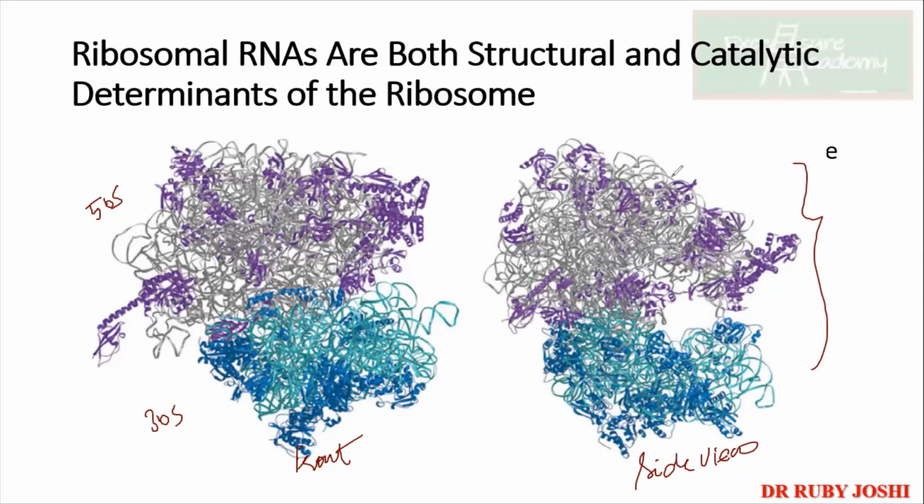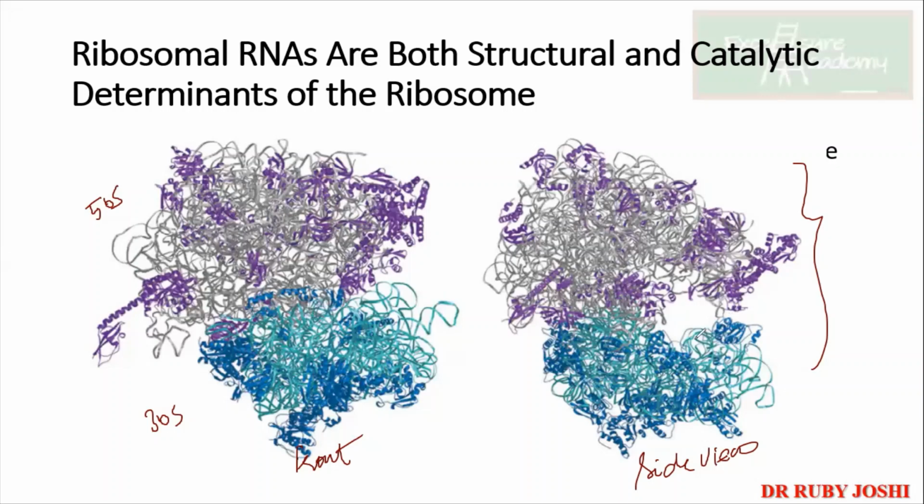So what can you understand from this figure? Anyone? Shruti, would you like to try? Maybe the active site, the region where the genetic material goes through, which is not seen in the front view.